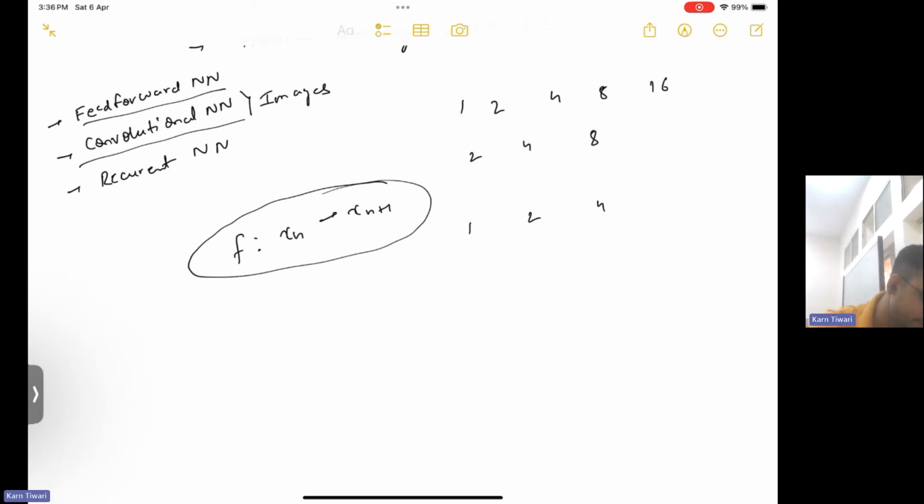Okay. And this f is parameterized by the parameters theta, and these theta are the learnable weights of the feed-forward neural network. So in the end, whenever a neural network comes into the picture, it's just a function approximator, nothing more than that. The main purpose of a neural network is to identify the underlying function which is responsible for the kind of function we want to model.